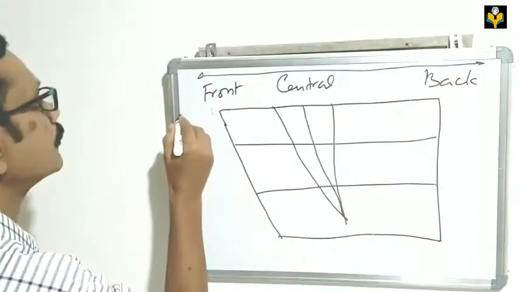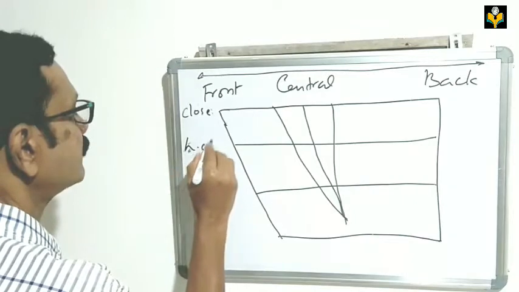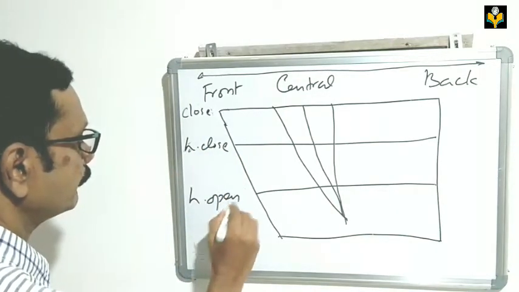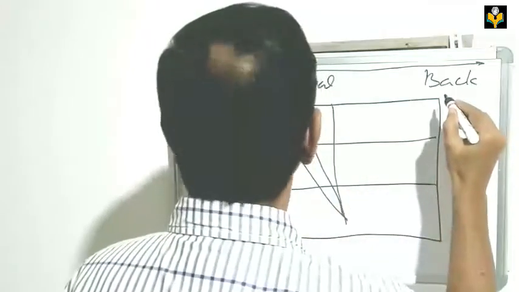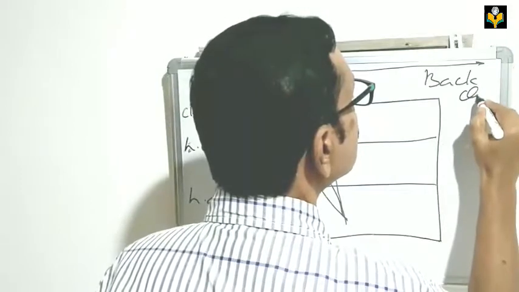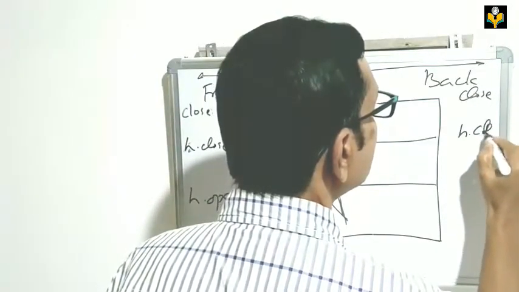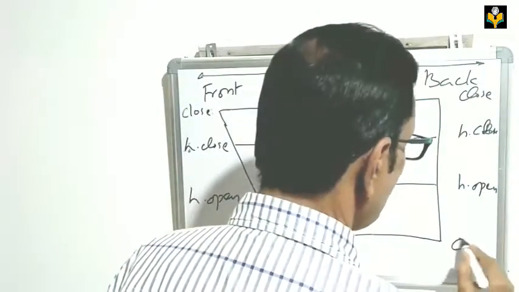This is close, half close, half open. This is open. This is close, half close, half open. This is open.